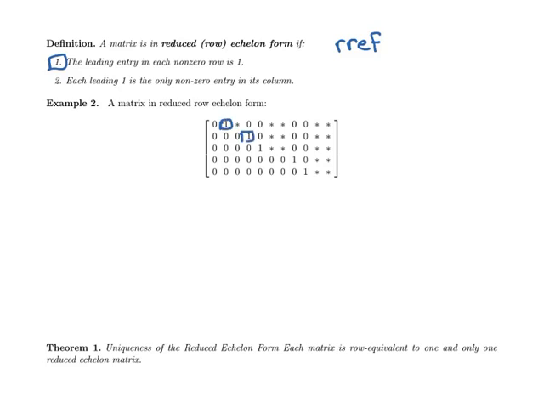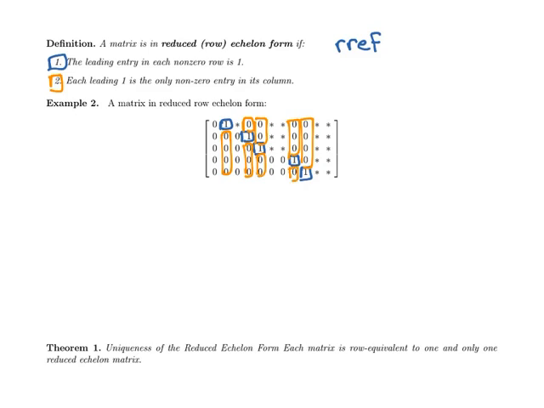So these are the ones, the leading entries. And we have one other thing, that each leading one is the only non-zero entry in its column. So we have that not only below those leading entries are zeros, but also above the leading entries are zeros. They're the only non-zero value in those columns.